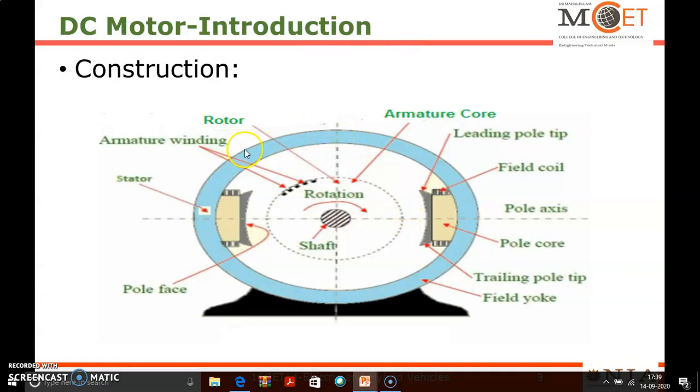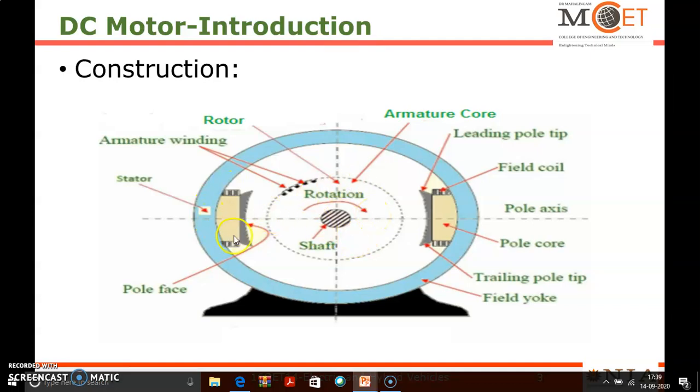The outermost part is the field yoke, or the magnetic frame. Here the stator consists of the field coils or field windings, and the rotor is the armature winding or armature coil.